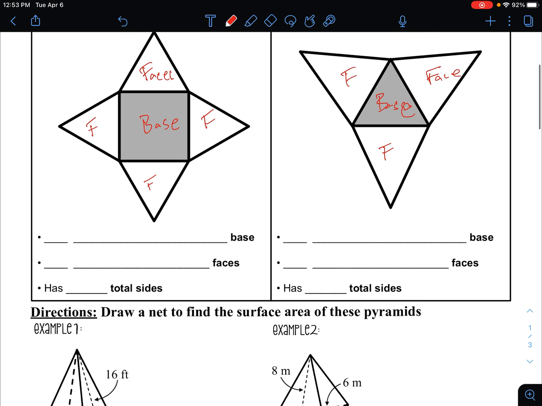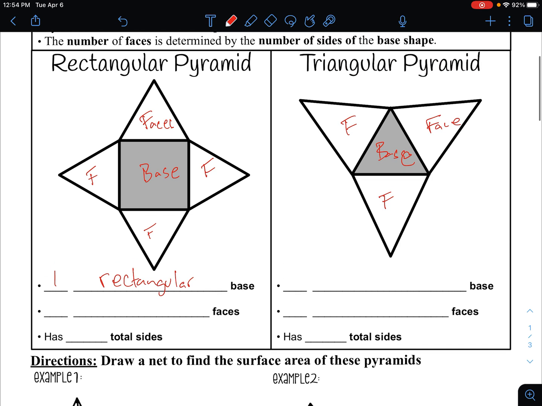We need to know that this rectangular pyramid has one rectangular base. It has four triangular faces, which means a total of how many sides? That is correct, a total of 5 sides.